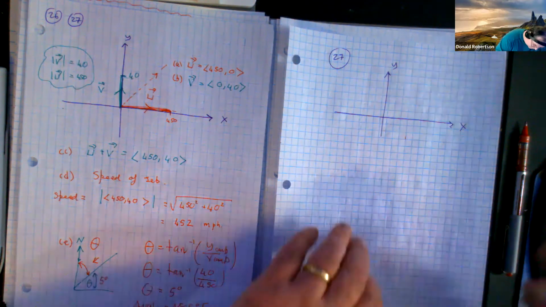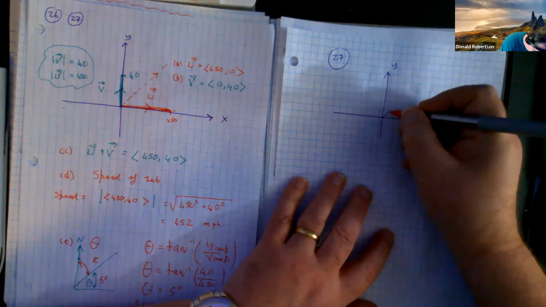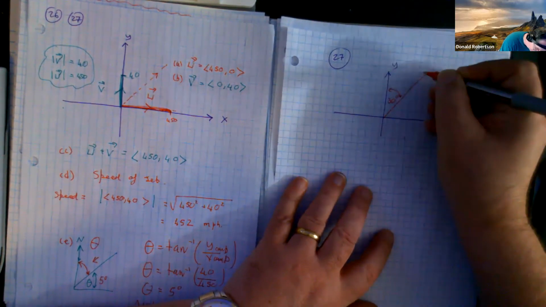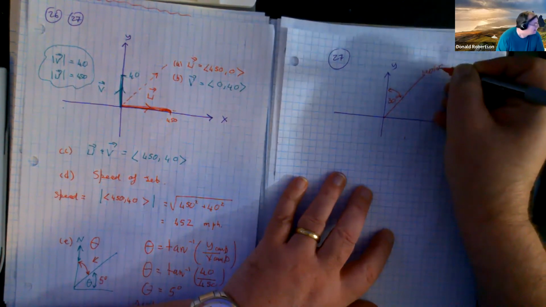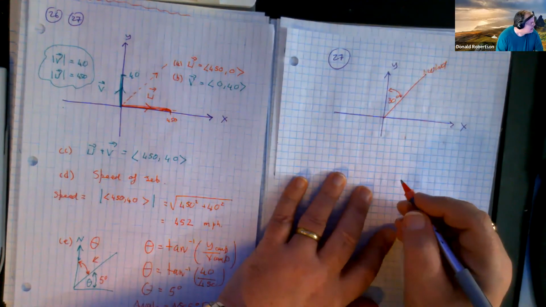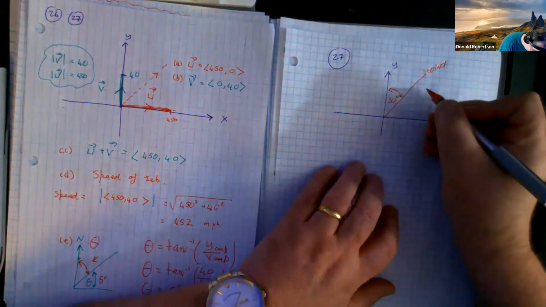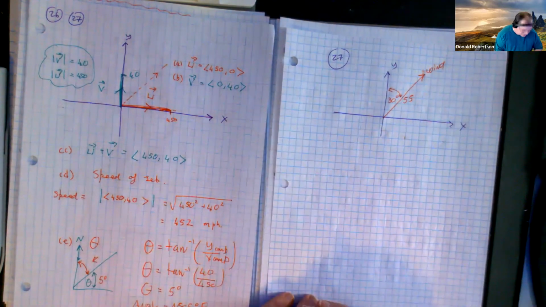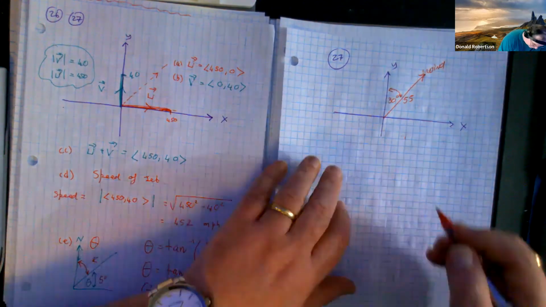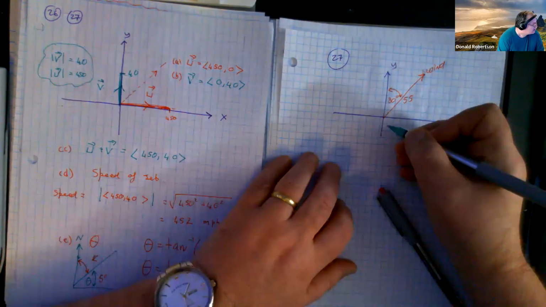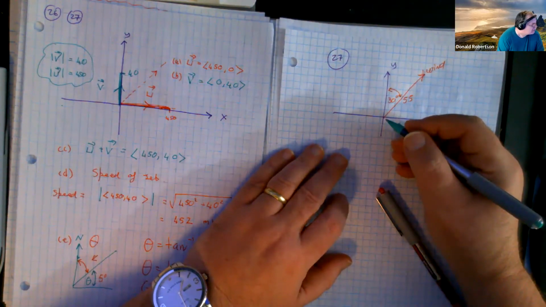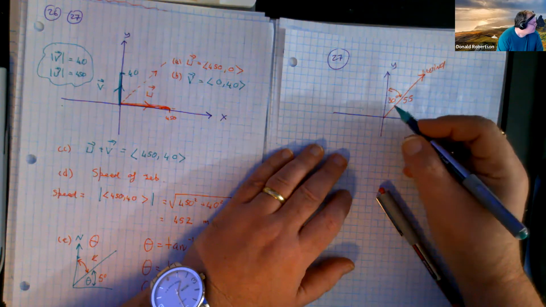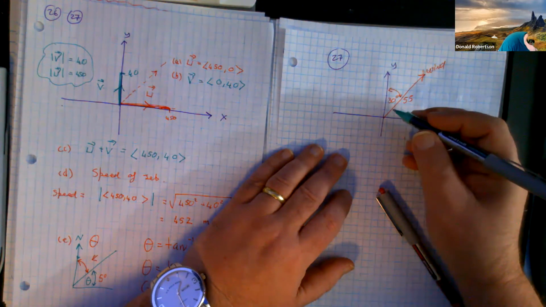So they're telling me that the wind is going this direction and that that angle there is 30 degrees. This is going to be the wind. And the wind has a speed of 55. The jet has a speed, so the jet is going this way. And it has a speed of 765 miles an hour. And the pilot heads the jet 30 degrees this way.